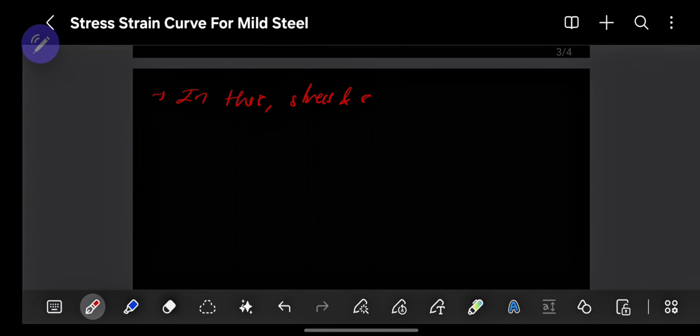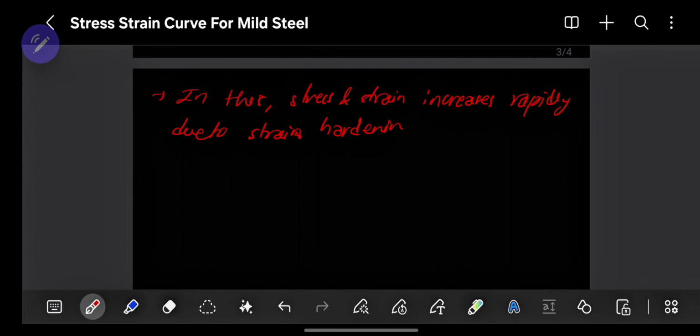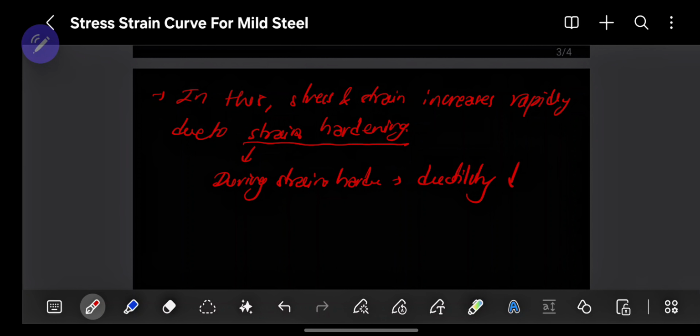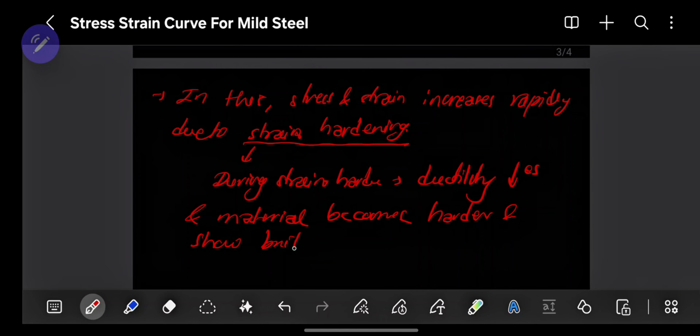In this, stress and strain increase rapidly due to strain hardening. So what does strain hardening exactly mean? During strain hardening, the ductility decreases and the material becomes harder and so brittle failure.